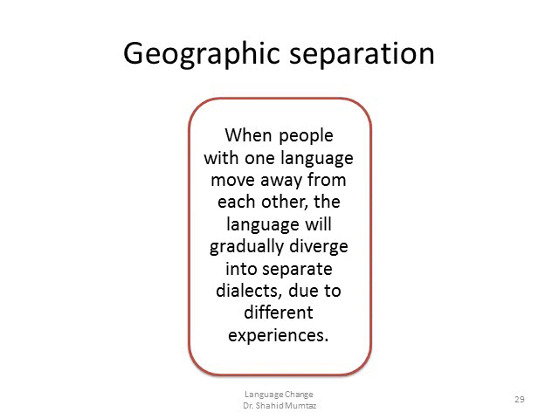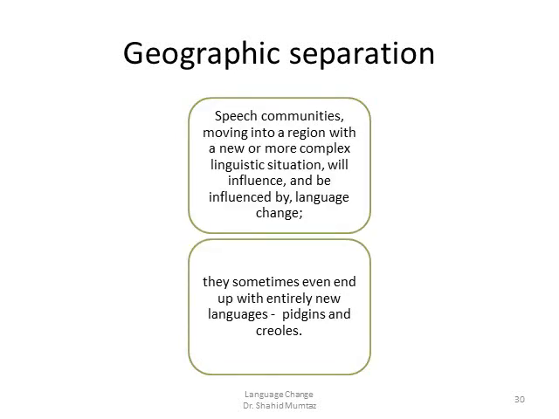If one group goes west and one goes east, their dialects will gradually become separate from each other. Speech communities moving into a region with a new or more complex linguistic situation will influence and be influenced by language change. They sometimes even end up with entirely new languages like pidgins and creoles.